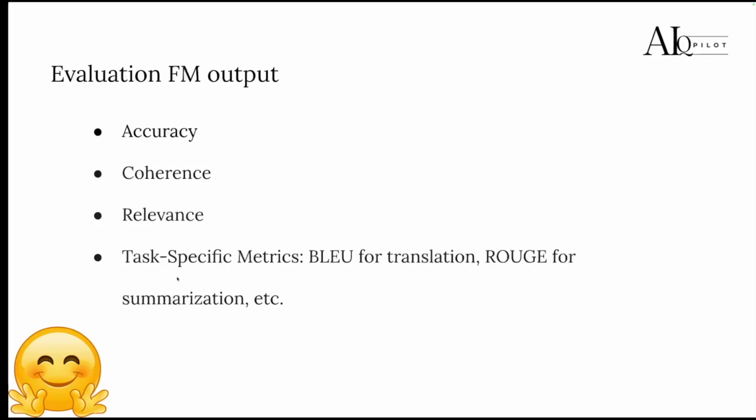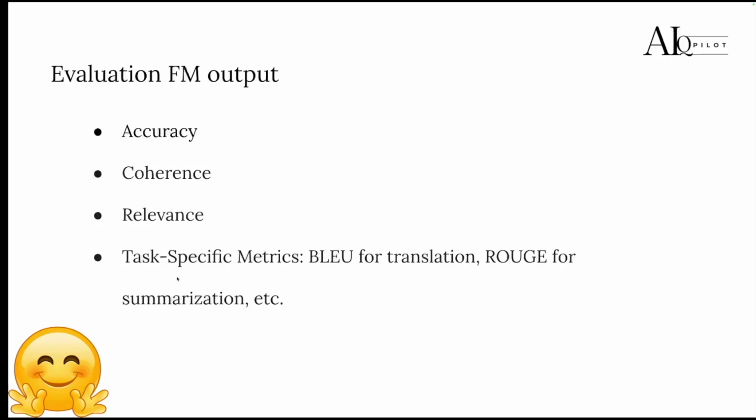Also, relevance can help us better understand and assess the output, and make sure that the generated output is in the right relation to the input of the foundation model. Besides those key dimensions, we also have some task-specific metrics.